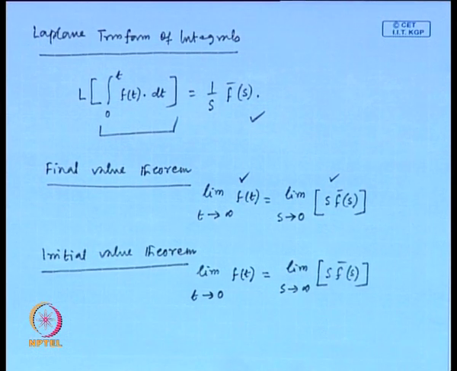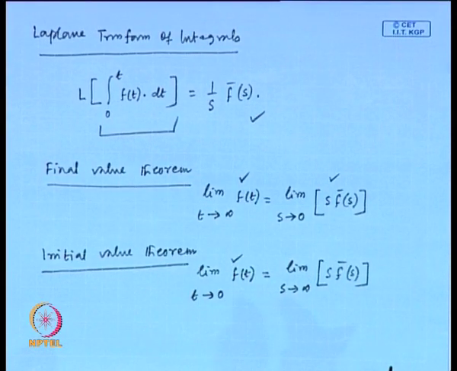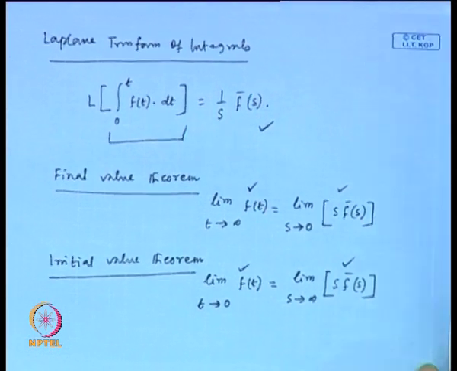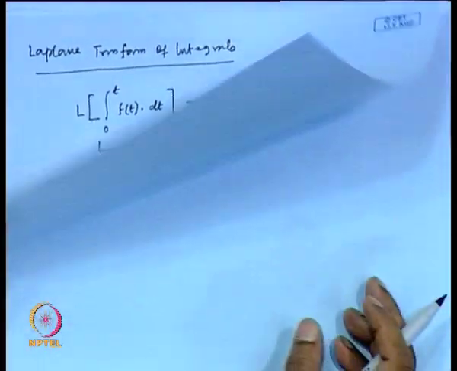Similarly, if the modeling equations are in the time domain, we have to consider the left side. If they are in the Laplace domain, we can consider the right hand formula. So these are, in brief, about the Laplace transforms.